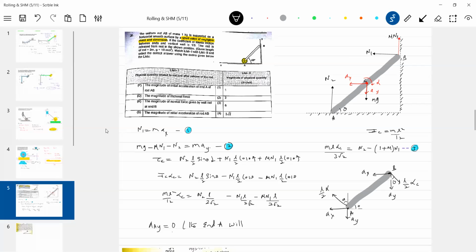The end A will be in contact with the floor. Okay, fine. So based on this, now we can write AY is equal to L by 2 alpha cos theta.